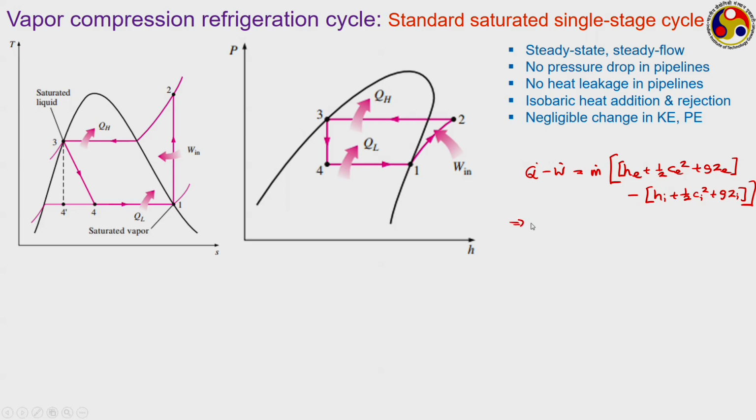And as we are assuming that kinetic and potential energy changes are negligible, this reduces to Q dot minus W dot equal to m dot into h_e minus h_i, or small q minus small w equal to h_e minus h_i.